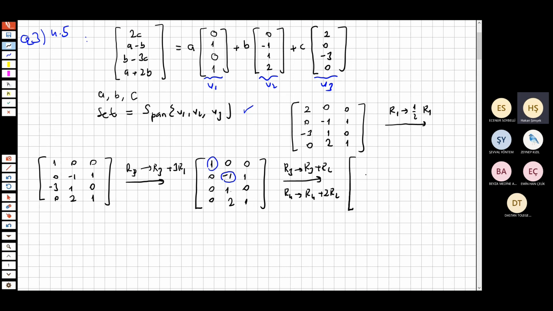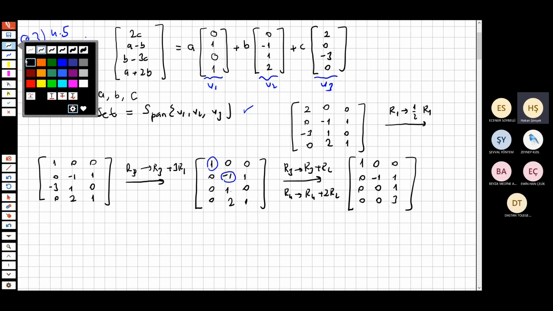From here, we have 1, 0, 0, 0, 0, minus 1, 0, 0, 0, 1, and again 1. So we have 3 pivots in here, and so actually they are linearly independent.